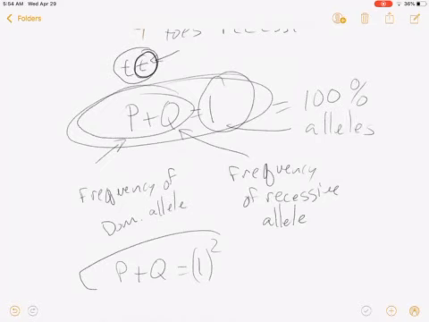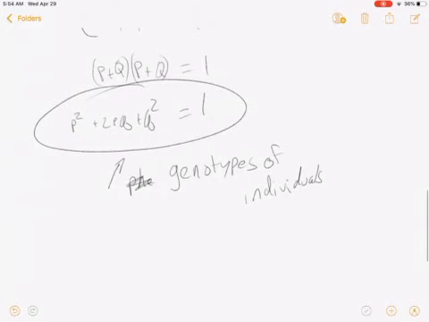Most of us, folks, have two alleles for their traits in most cases, and that's why we need to use this equation here.